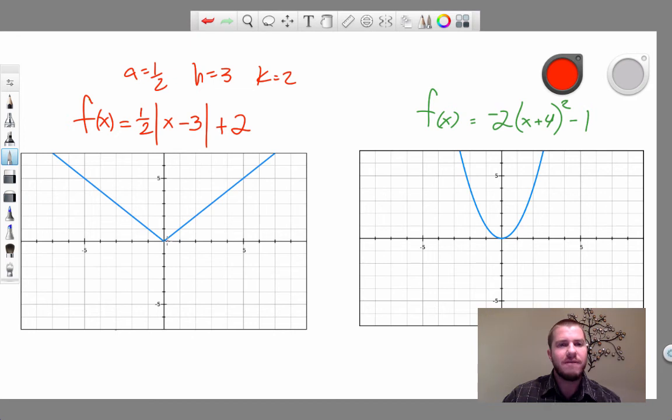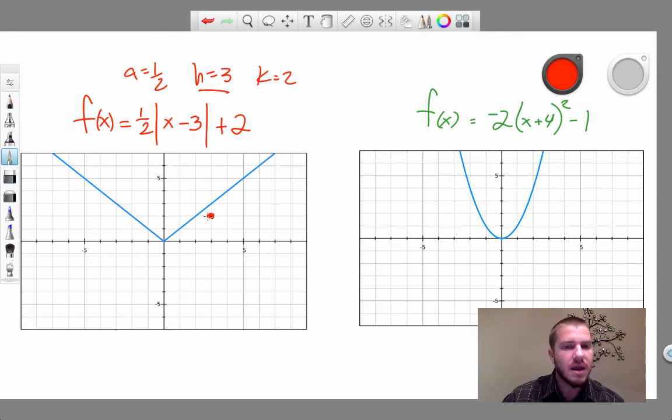So I'm going to find the vertex first, and I get the vertex from the shifting. So I'm shifting right 3 and up 2. So my vertex is going to be right here. And all that is the h and k, the opposite direction of what's inside with the x. So that's in minus, I move to the right, the opposite direction, and up 2.